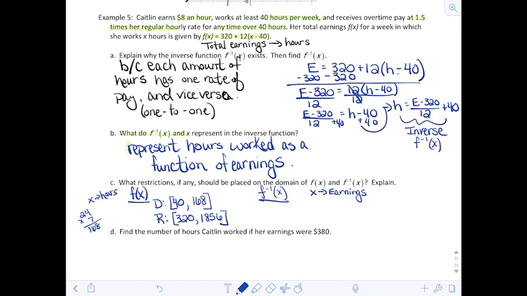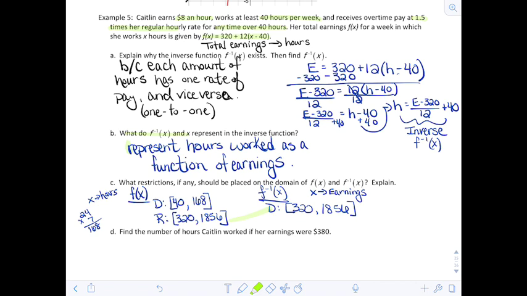So for f inverse of x, the domain would now be that you could plug in any earning amount from 320, which is the base, all the way up to 1,856. Remember, when you're looking at inverses, domain and range switch places.